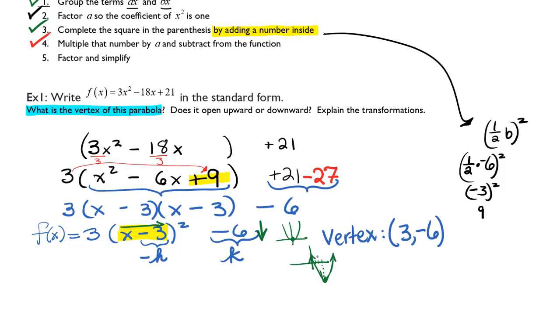And of course that's a very sloppy sketch, but you get the idea that the vertex has shifted based on the transformations and the way we were able to convert this. So we've completed step 5 as well.